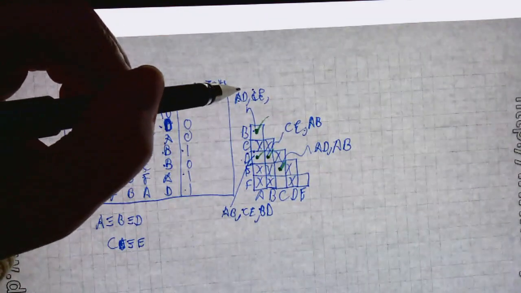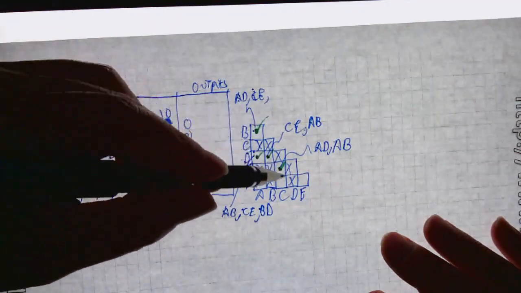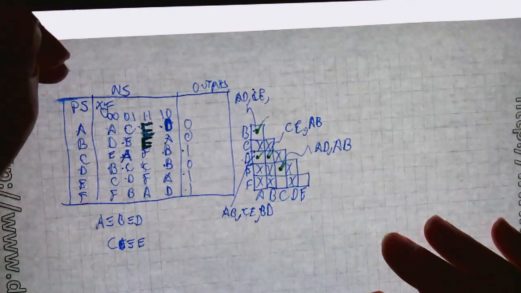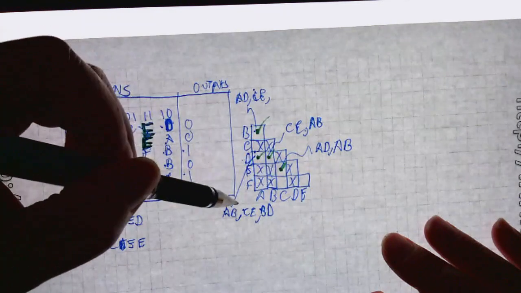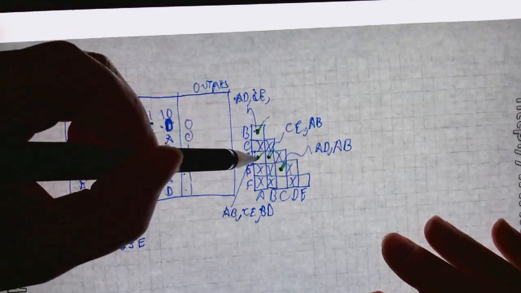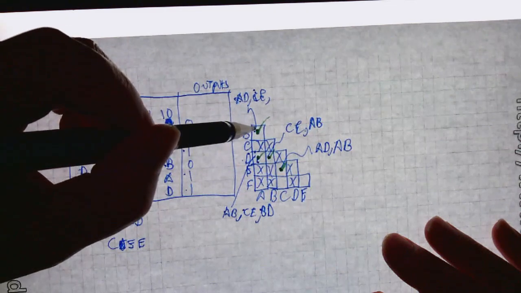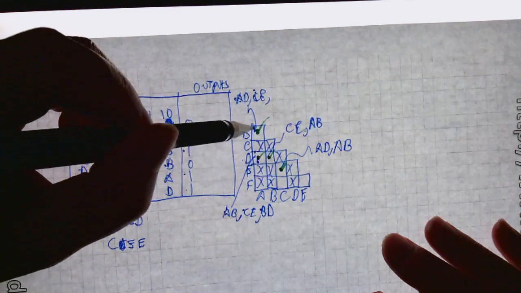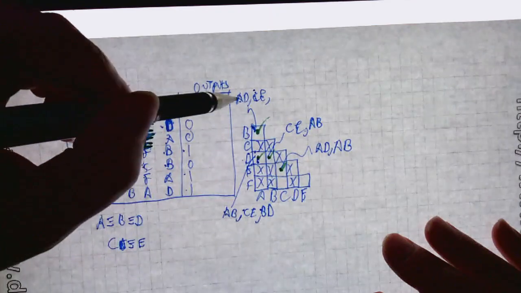So essentially, one was pointing to the other, which was pointing back to the other. So I put check marks in everything because that ended up being a cluster. Right? Because this guy depended on that guy. That guy depended on this guy. So if they depend on each other, they're equivalent. Right? So AB depends on AD.